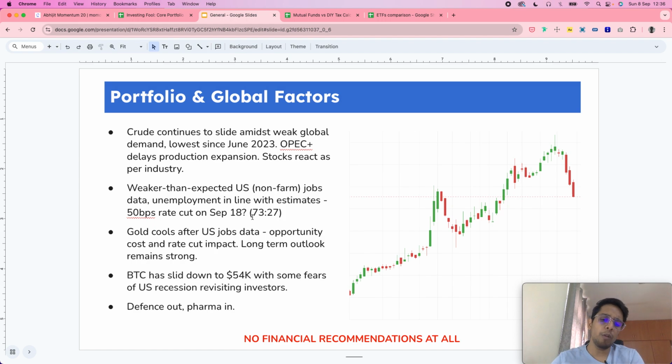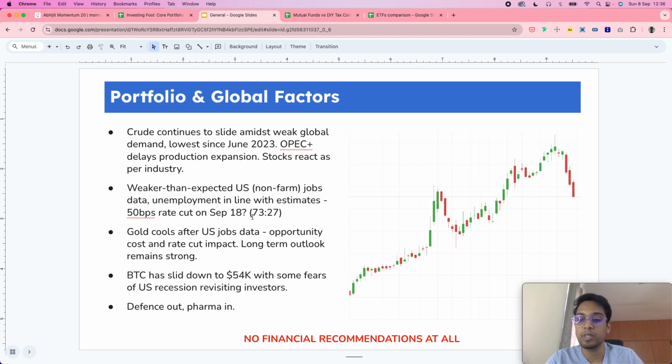Now, when we talk about gold, it is necessary to understand that unlike bonds, gold doesn't give any interest, right? So when interest rates are higher, there is a higher opportunity cost of remaining invested in gold, because you are losing the interest which you could get on bonds.